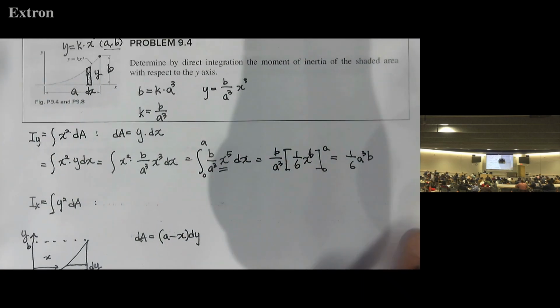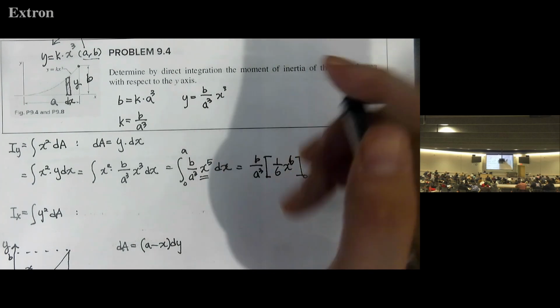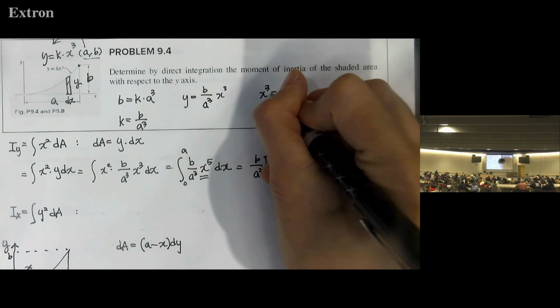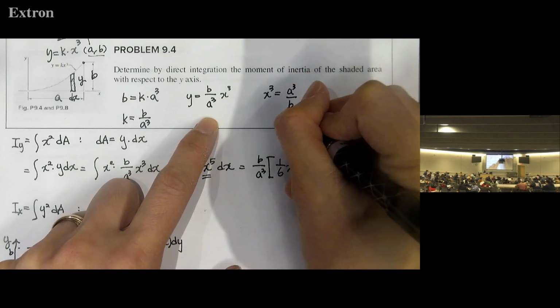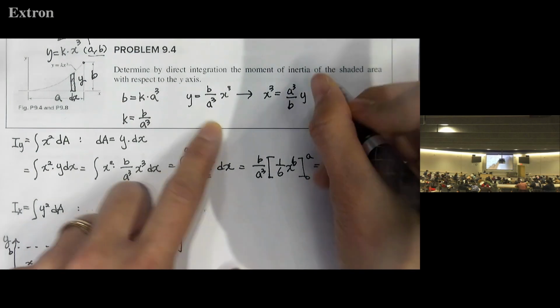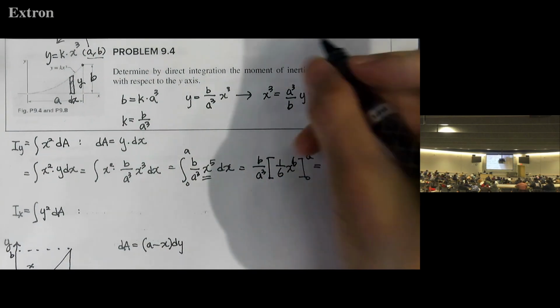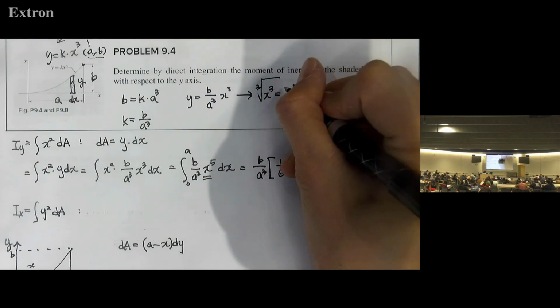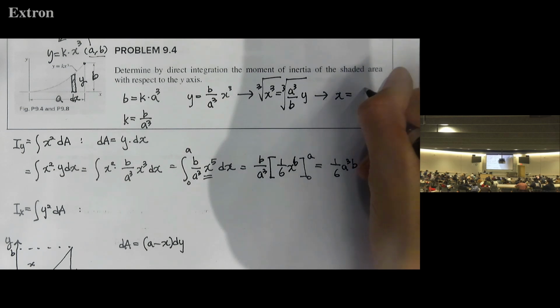We need to express x in terms of y, right? Going back to this equation, it's an easy case. If we multiply a cubed and divide by b on both sides, we have this equation, right? And then take the triple root. Then x equals a over b to the 1/3 times y to the 1/3.